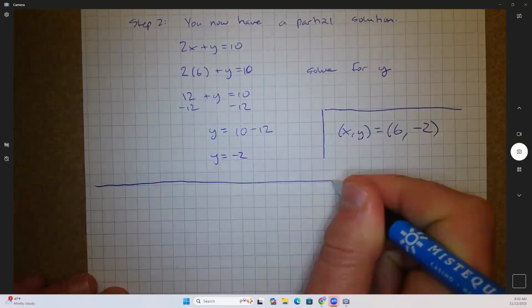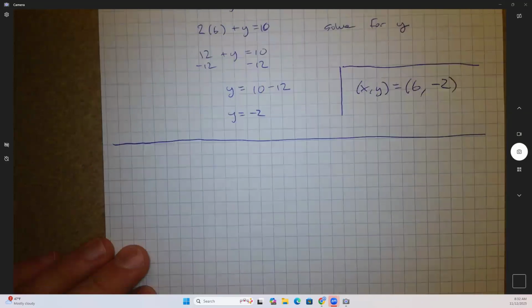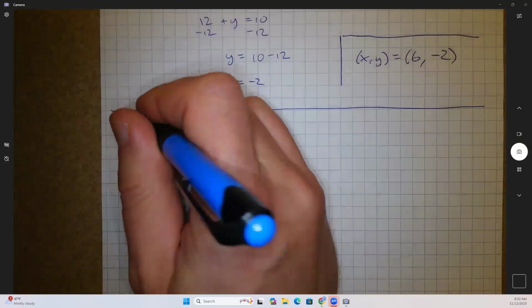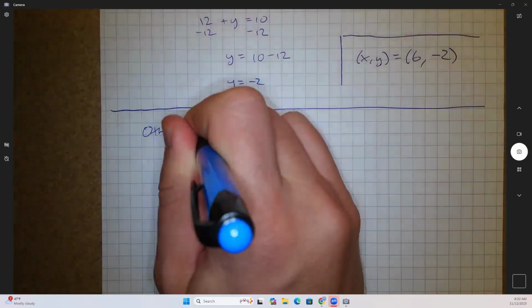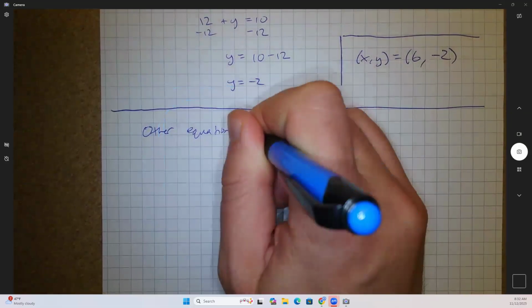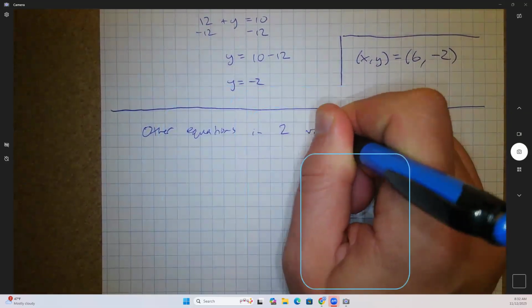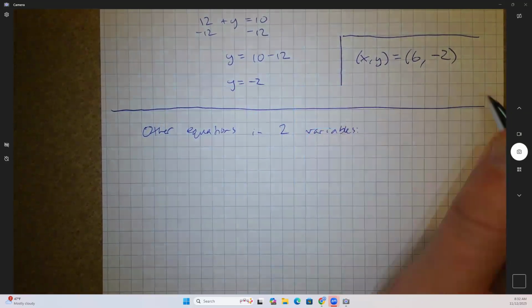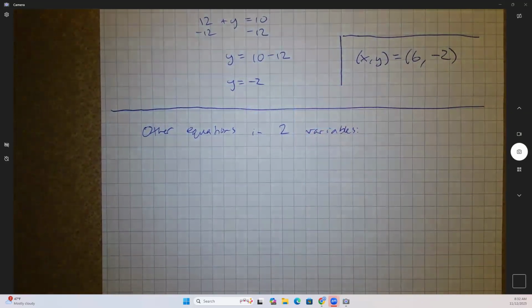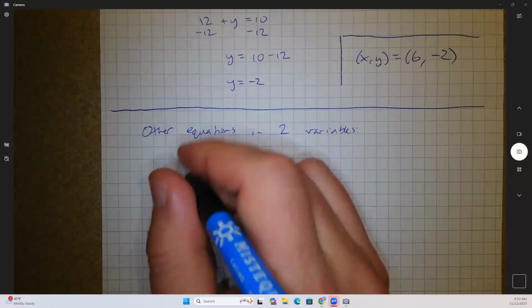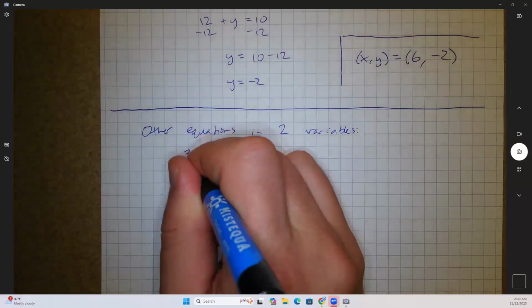I just want to lay out some other examples of equations you might see. I did the 2x plus y equals 10 a lot because it was nice to use the same one, but they don't always have to be on the same side.